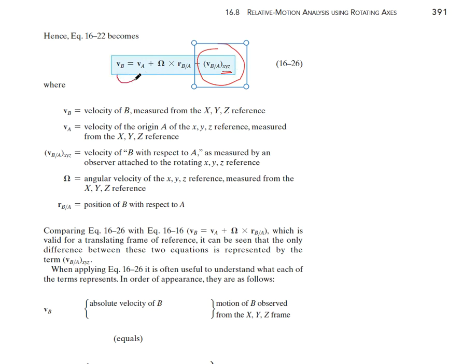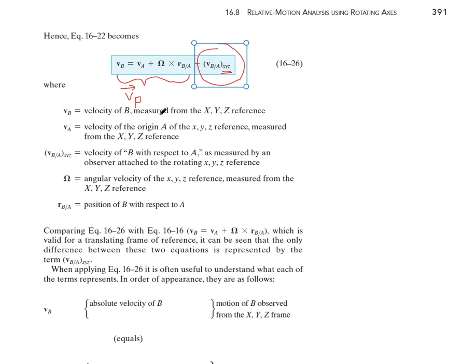So this first part is something that we saw before. It's the absolute velocity of that point P. It equals the velocity of the base point plus omega crossed with r_B/A.